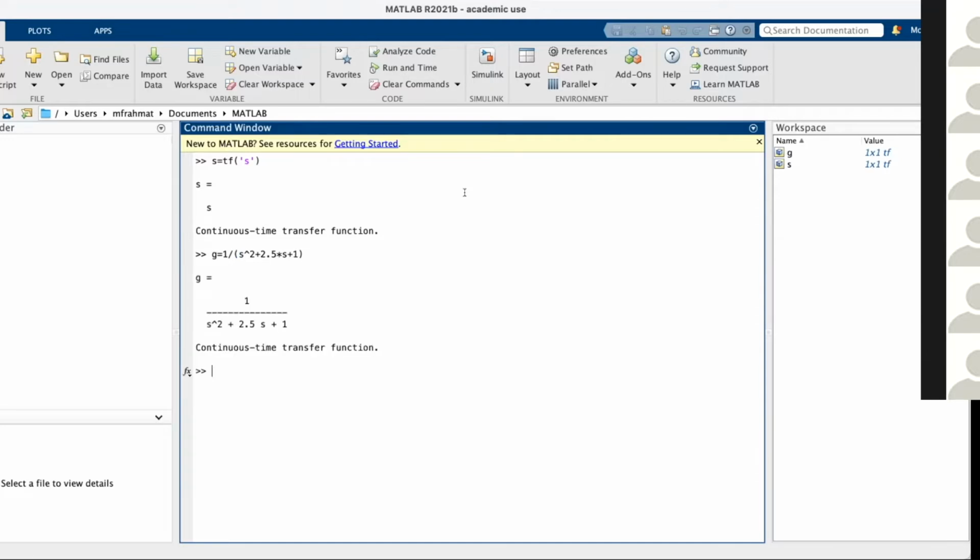Right? And then rlocus G. Okay. Then grid. Nampak? Nampak tak?